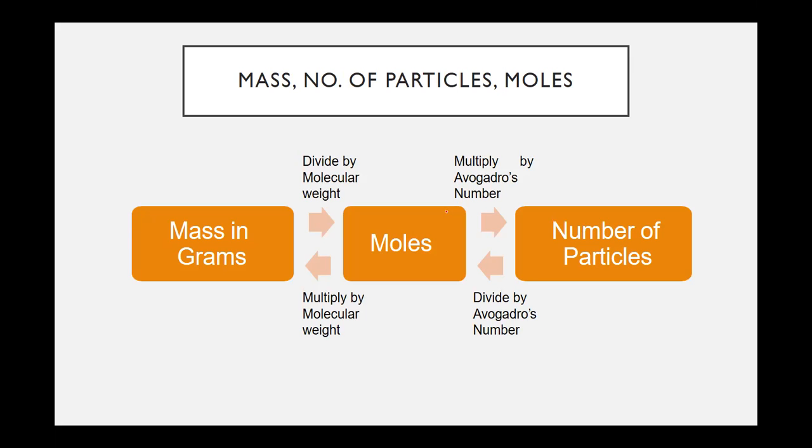If we reverse the process, para makuha natin yung moles from the number of particles, we divide it by the Avogadro's number. Alala niyo pa ba? This is the 6.022 times 10 raised to 23. Lagi dapat memorize. To get the mass in grams from moles, we multiply it by the molecular weight.